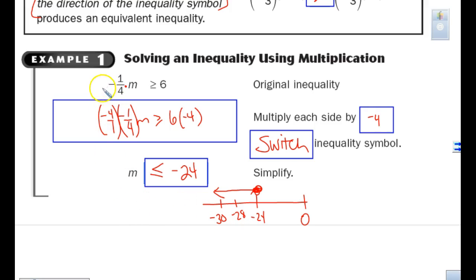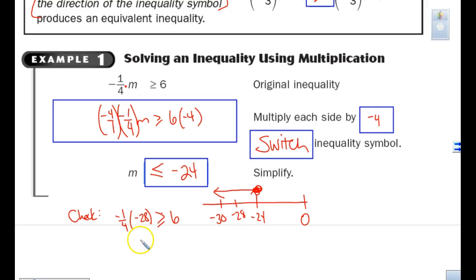So let's plug in the original problem. So if we're going to do a check, okay, if I take negative 1/4, and it's really important for the checks with the multiply divide, and I take it times a negative 28. The question is, is that going to be greater or equal to 6? Well, what happens when 4 goes into 28? How many times? 7.